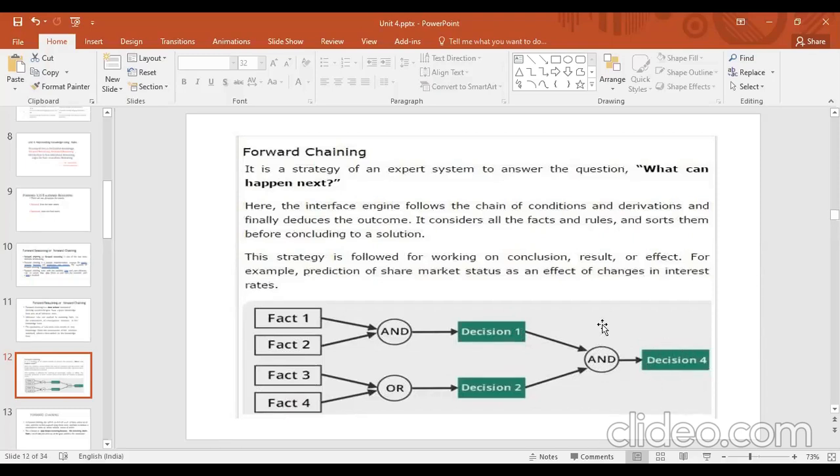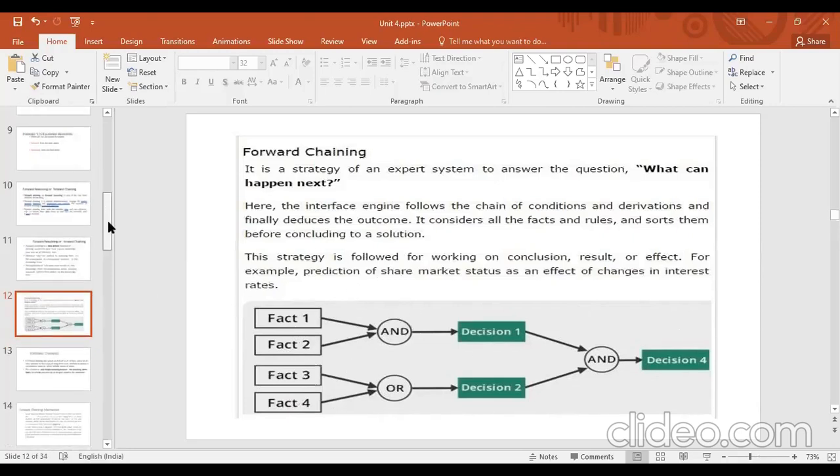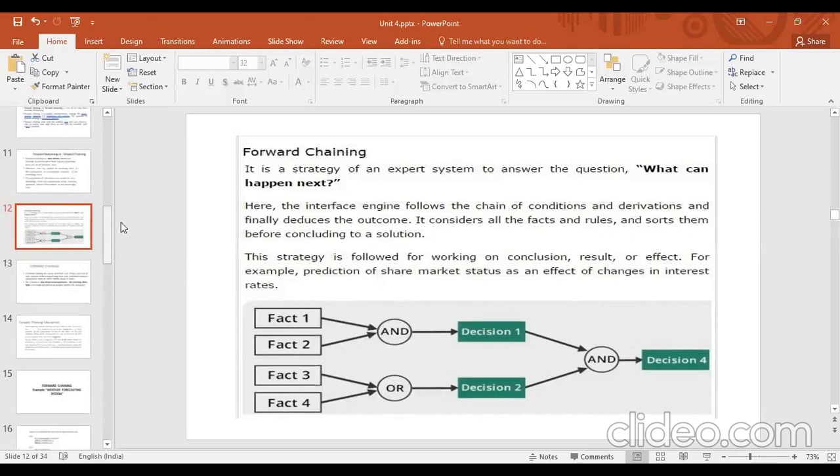This is forward chaining, because we start from the initial data and reach our goal state. What is our goal? We have to predict the share market status. So starting with the initial state, we reach our goal state. This is the forward chaining method. It starts with initial facts, and it is a data-driven method because it processes the given data and then reaches the final or goal state. So it is called forward chaining and a data-driven method.